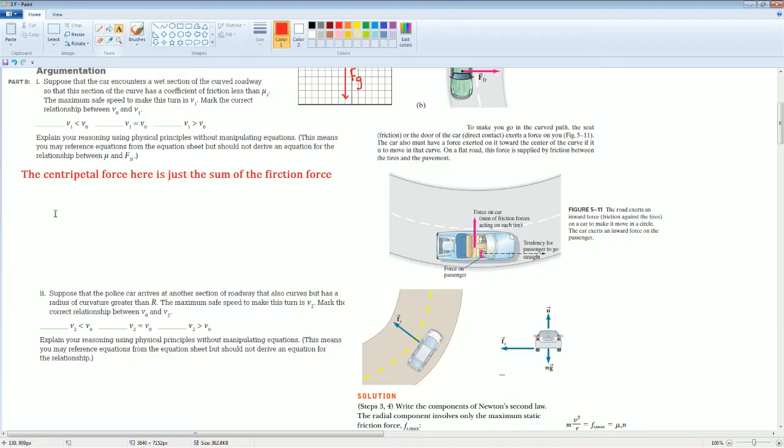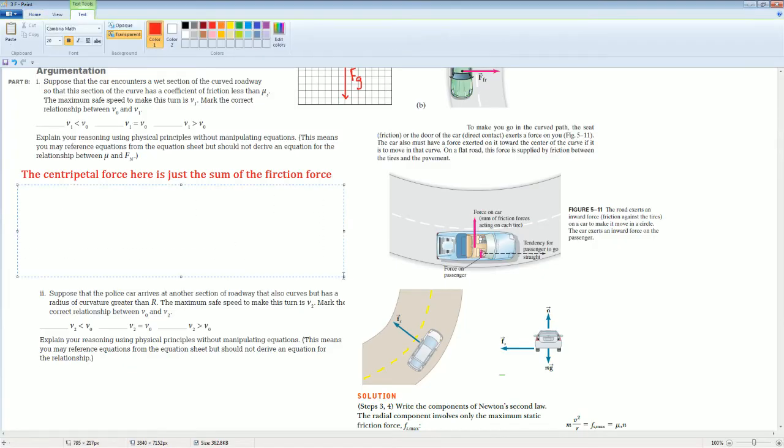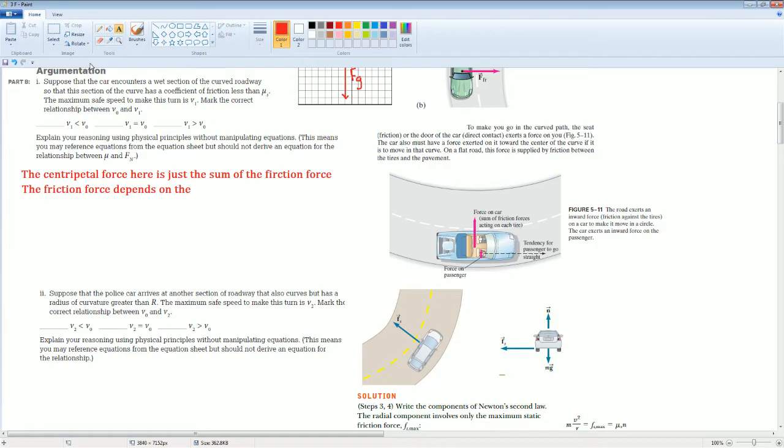Now the friction force depends on the mu.